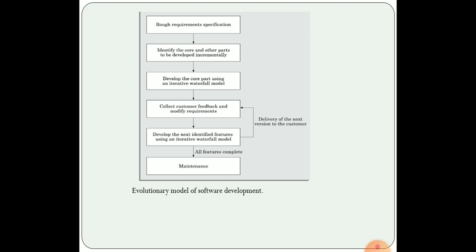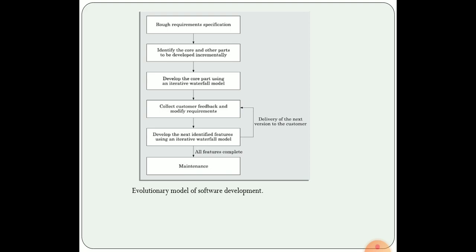Based on the requirement specification, we identify the core modules of the software. The core modules are the individual independent modules of that software. After identifying the core modules and the non-core modules, the development or implementation of the core part is carried out.